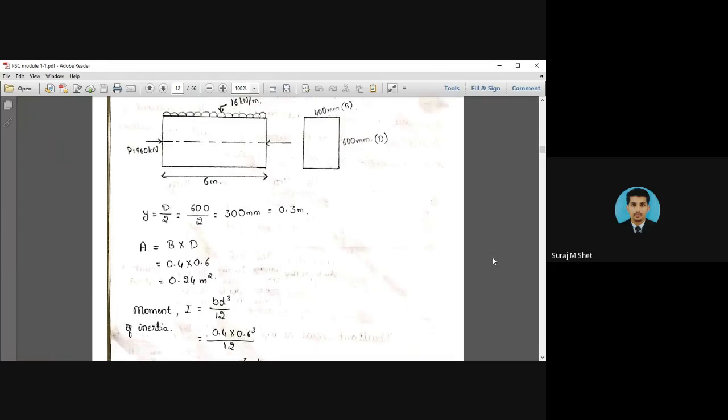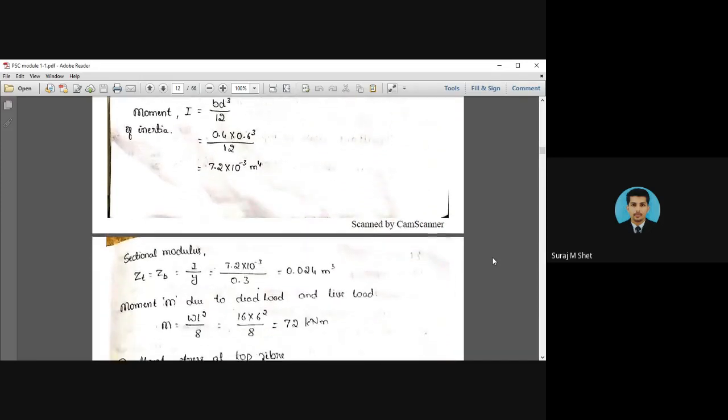That's why for top fiber and bottom fiber, we will call them section modulus Zt and Zb. The suffix t indicates top, suffix b indicates bottom. So Zt is equal to Zb is equal to moment of inertia divided by y, which is equal to what you were calculating already. I is equal to 7.2 into 10 raised to minus 3 divided by the center of the rectangular section. You have to calculate the center of the rectangular section.